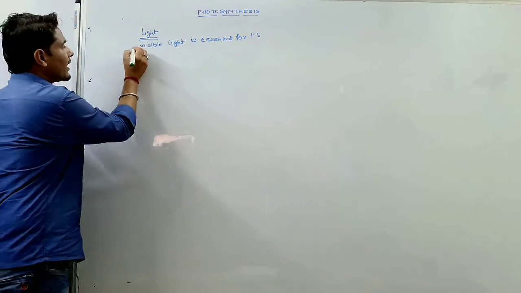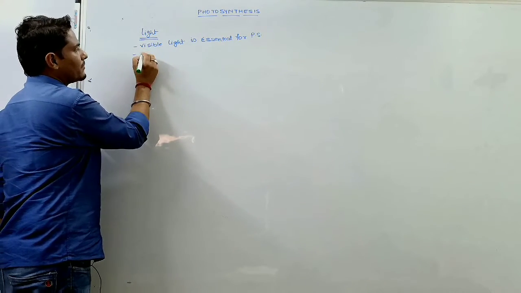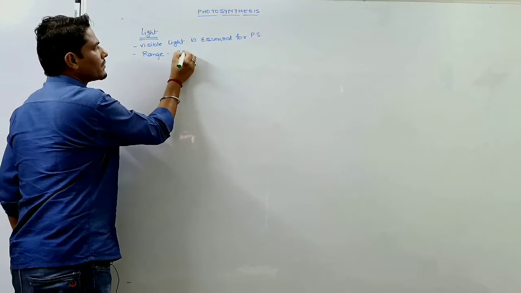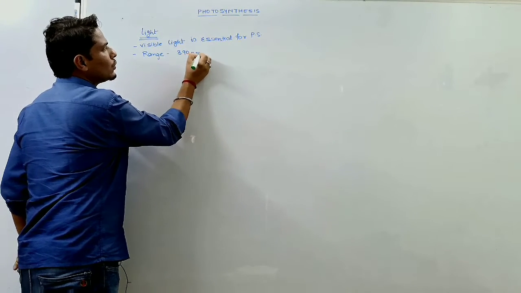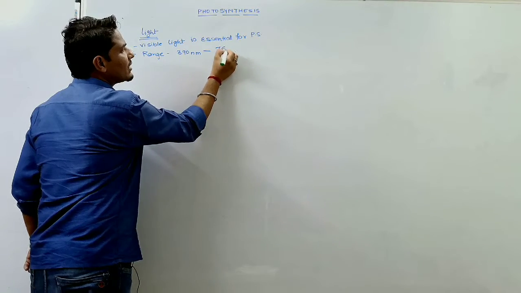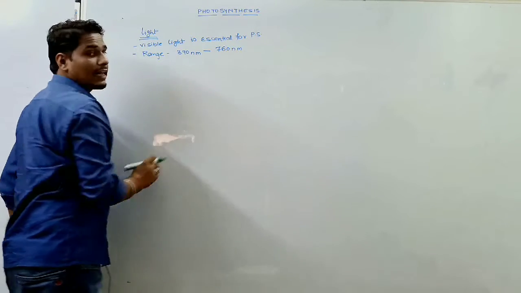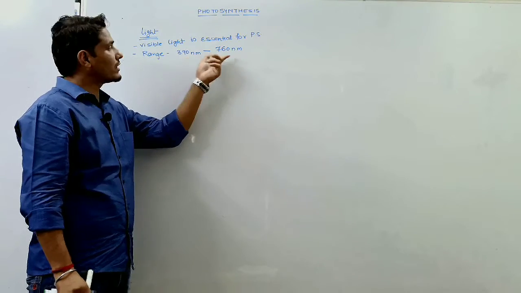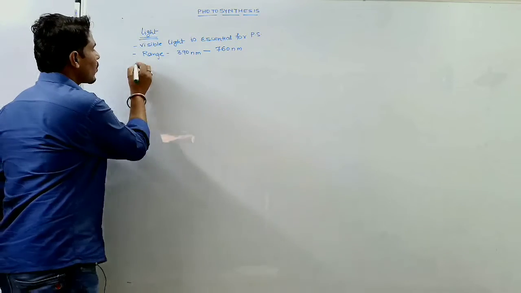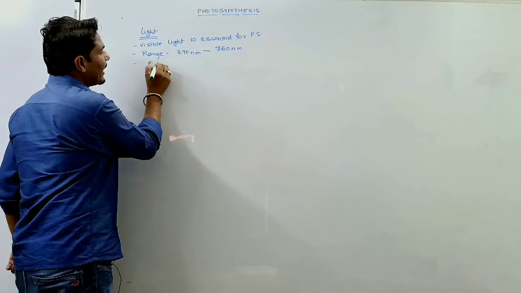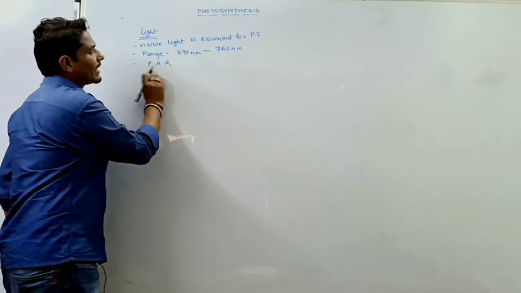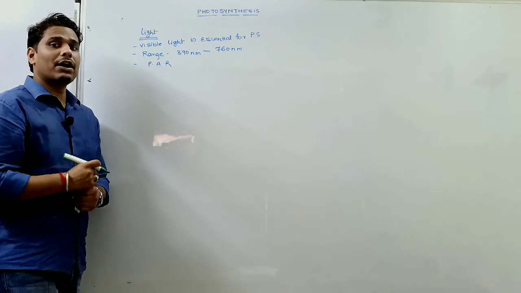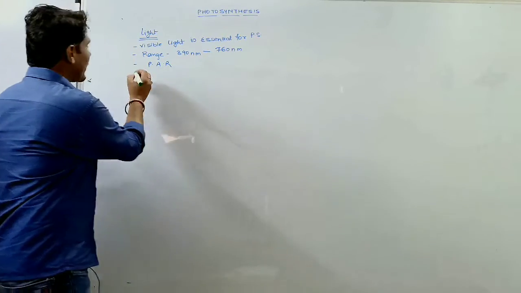The range of visible light is 390 nanometer to 760 nanometer, and light in this range is called PAR, photosynthetically active radiation.